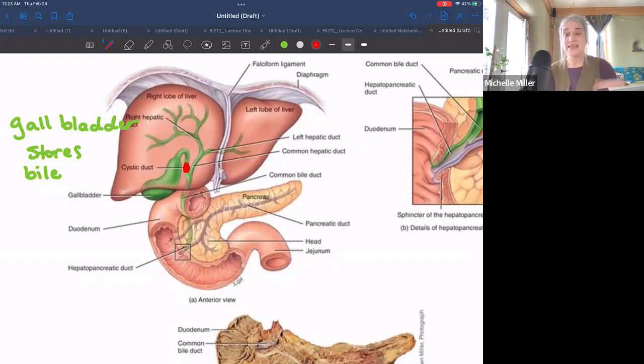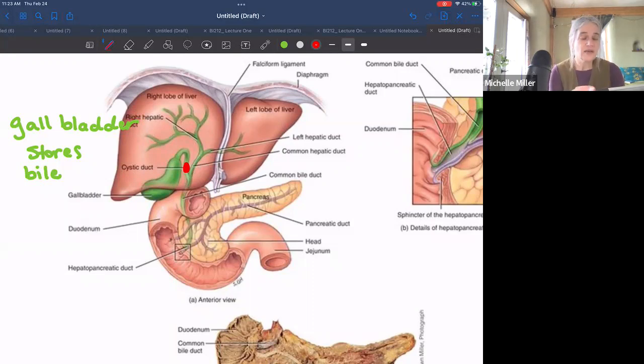And if it stays in these big fat globules, it's going to move through our intestine really fast. So people who have had their gallbladder removed sometimes get diarrhea if that becomes a problem, that they eat too much fat and it just moves through their system too quickly.